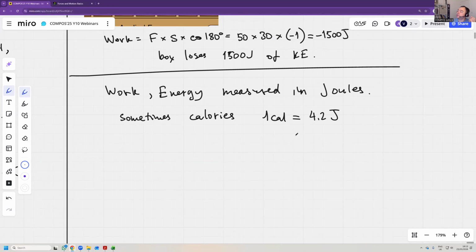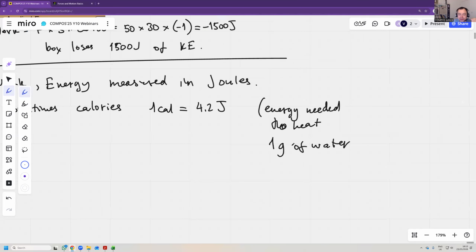It's the energy needed to heat up 1 gram of water, which is the same as 1 milliliter, not always, by 1 degree Celsius.